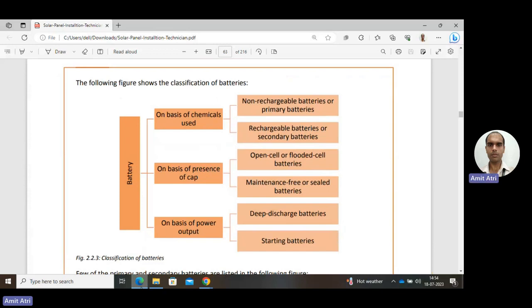On the basis of presence of cap, open cell or flooded cell battery, and maintenance free or sealed battery. And third, on the basis of power output, deep discharge battery and starting battery.